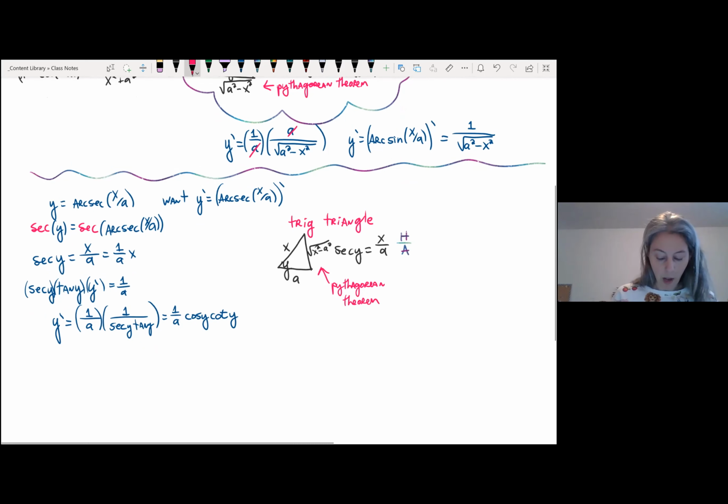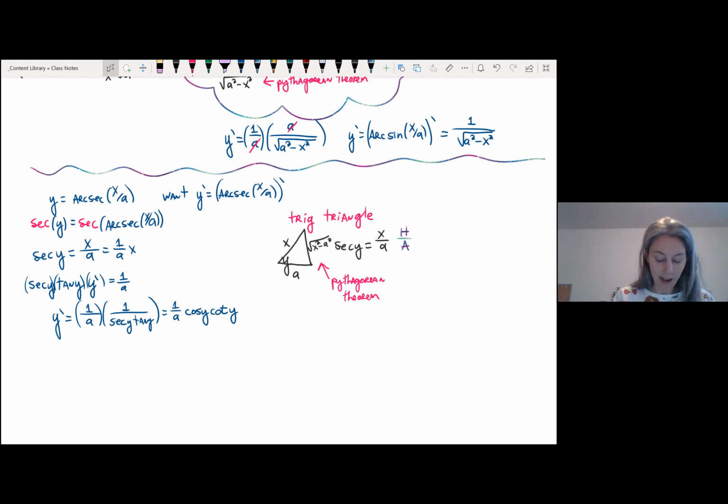Great. Okay, well, now I need, so I had secant y was x over a. I could have used that. I could easily just go straight from there to say that, okay, cosine y is just that flipped over. So it's a over x. But we can also see it from the triangle. It is adjacent over hypotenuse. But then we also need cotangent y.